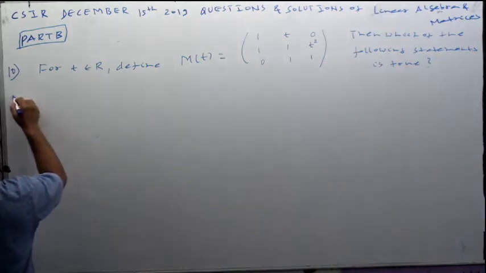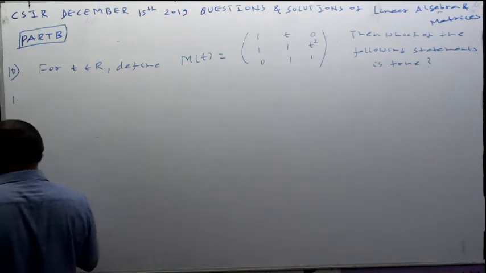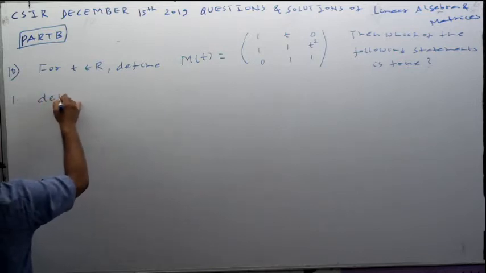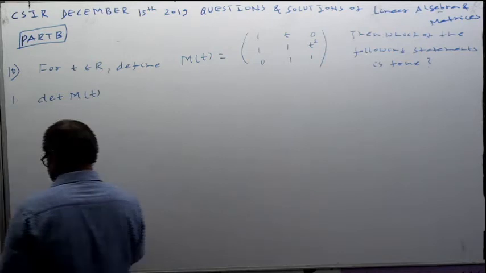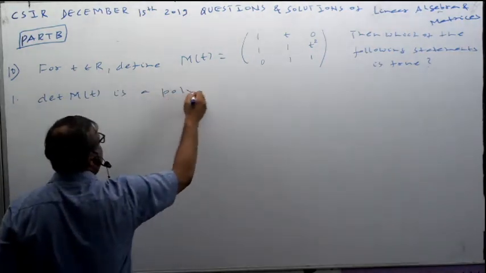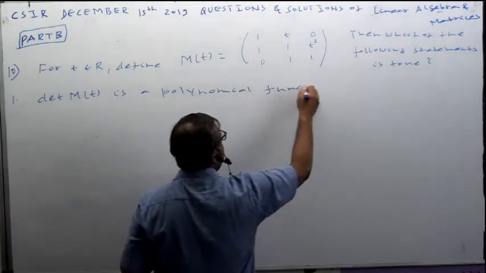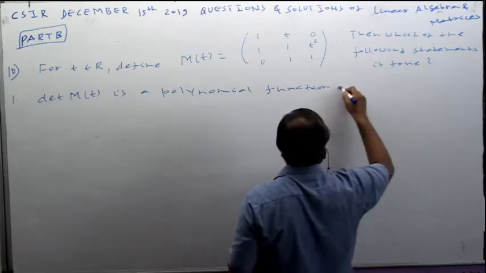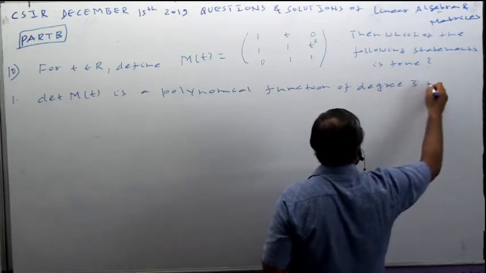Number 1. Determinant of M_t is a polynomial function of degree 3 in t.